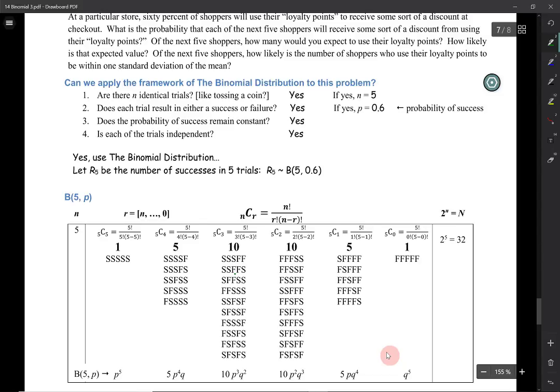And what it says is basically use the Excel binom.dist function. The first value is this one, the second value is those, and then you say false to get the probability mass function.